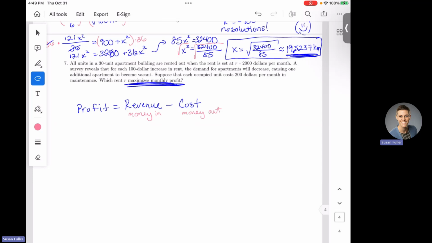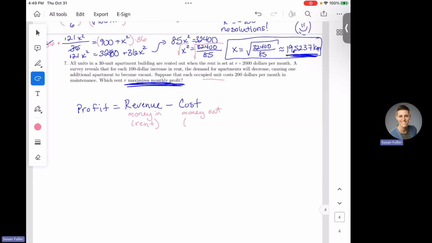All right, if you are trying to maximize your profit, you're the one that owns this apartment building, right? So the money coming in, if you owned this apartment building, would come from rent, right? So our revenue is going to be the rent. When all of these apartments pay their rent, that's going to be the money coming in. And we're going to have to subtract the cost, which, do we have any costs here?